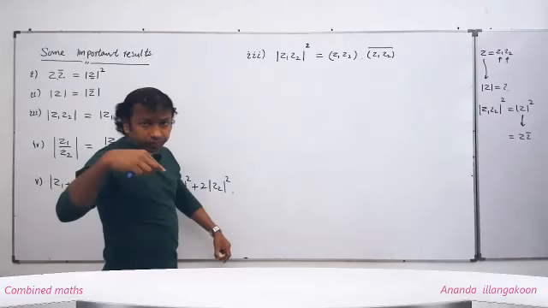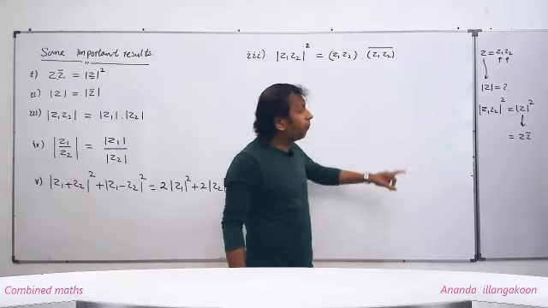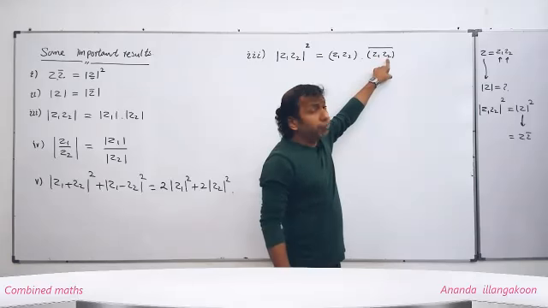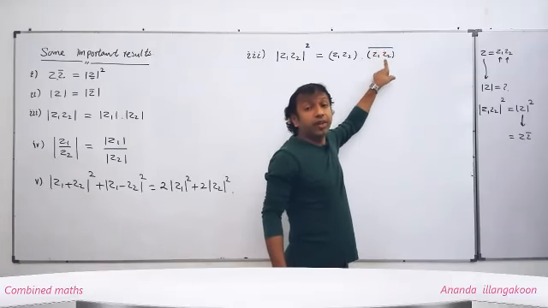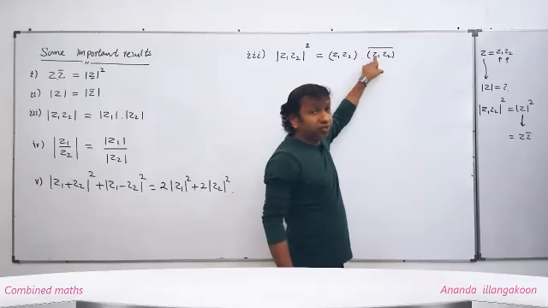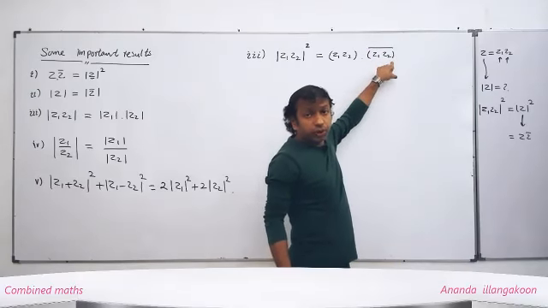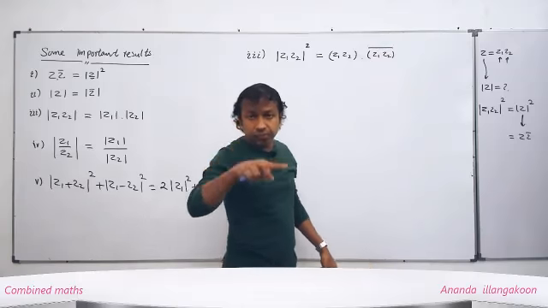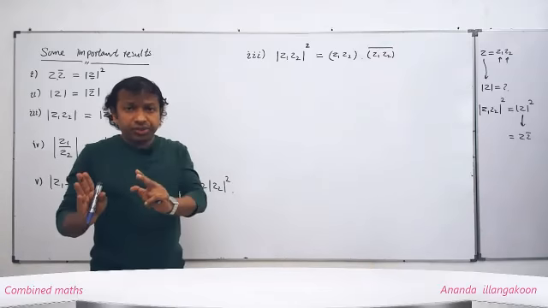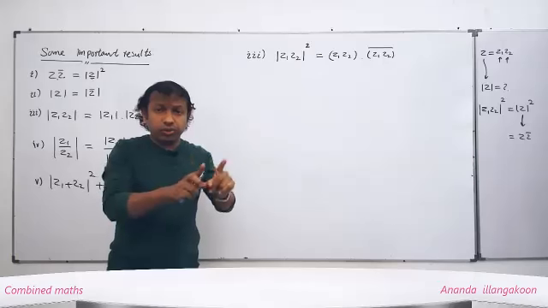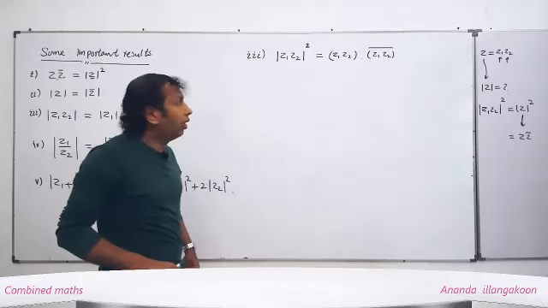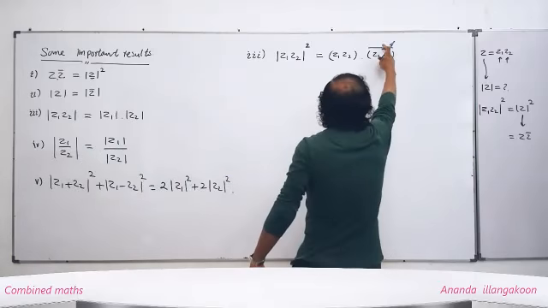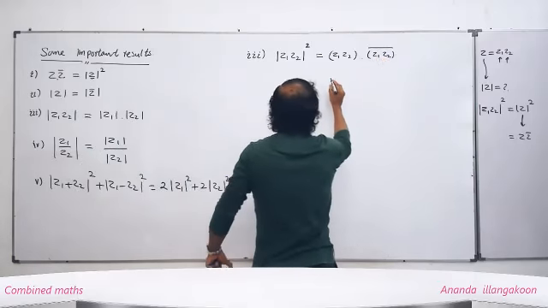Now, the previous one we proved: when we have a product, its conjugate we can write as the conjugate of the first multiplied by the conjugate of the second. Previously we proved that, no? The conjugate of Z1 Z2 is equal to Z1 conjugate into Z2 conjugate, like that. So then I can apply that conjugate here for this Z1 and Z2 like this.